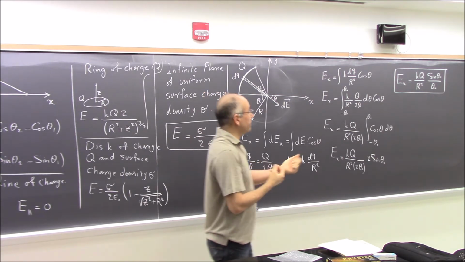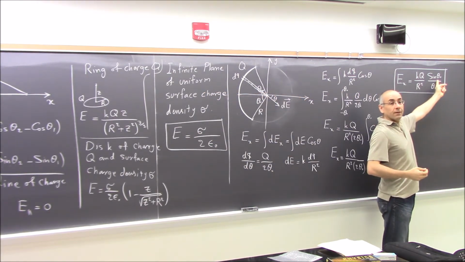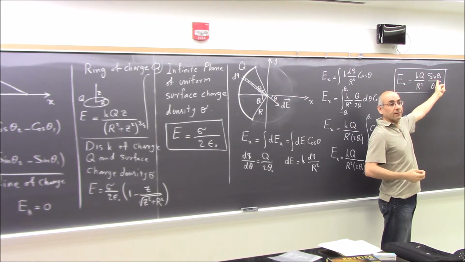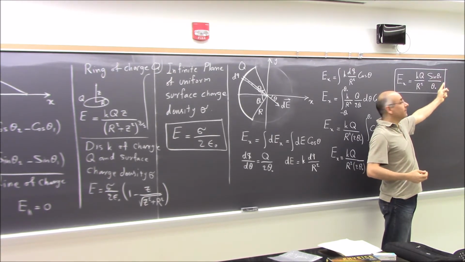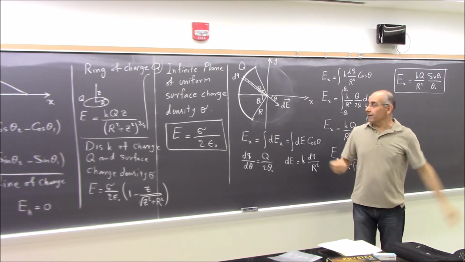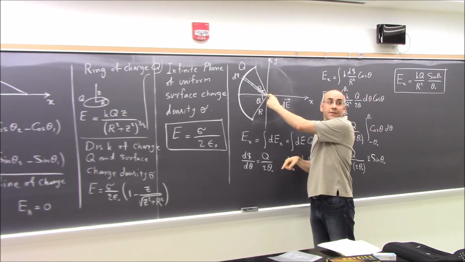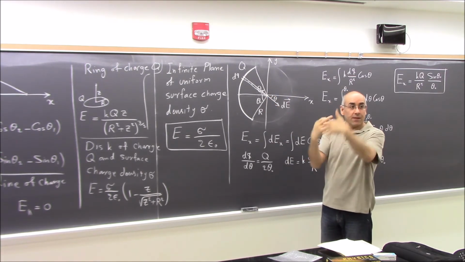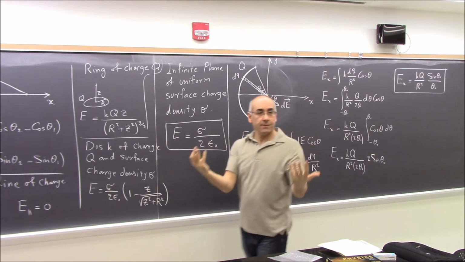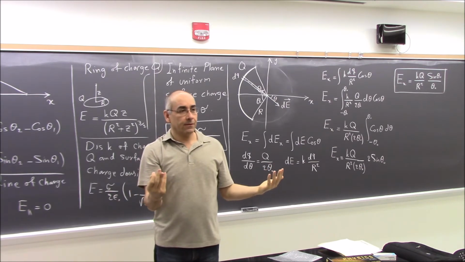Pi. And sine of pi is what? 0, right? So it should be 0, and you expect it to be 0. If you have a complete circle, at the center you have electric field in all directions, they cancel each other out. You get 0.